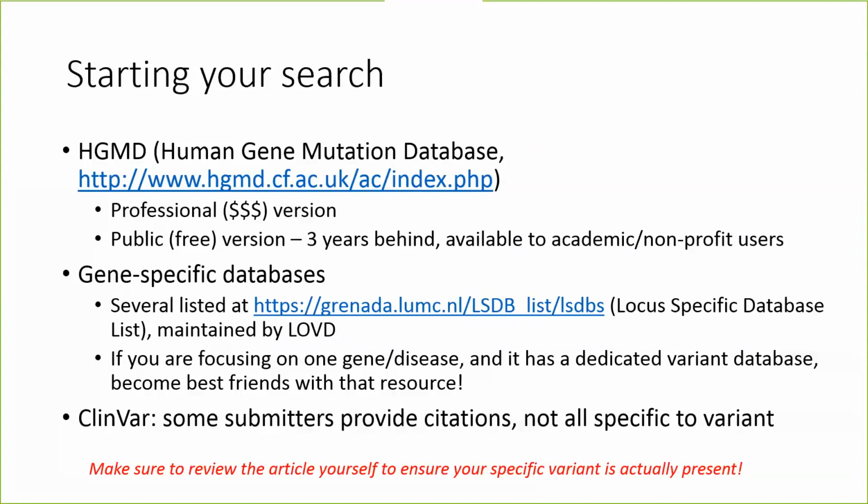But again, it's not your actual variant. So again, no matter where you find your citation from, review the article yourself to make sure your variant's present and to make sure that you're gathering all the information that might apply to what you're doing.